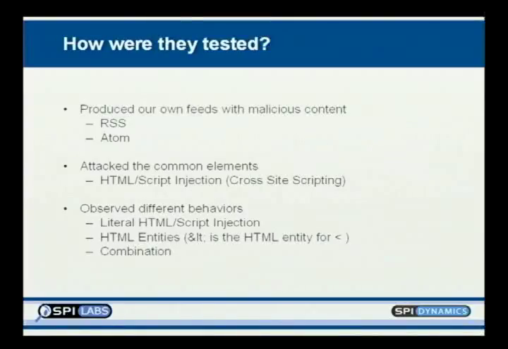If I HTML entity encoded some of the tags, like left bracket, right bracket, things like that, some of them allowed that, and some of them actually reconverted that when they presented that information. And some of them would only allow the left tag to be an HTML entity and not the right tag. So I tried various different combinations to see the different types of behaviors that these applications had.